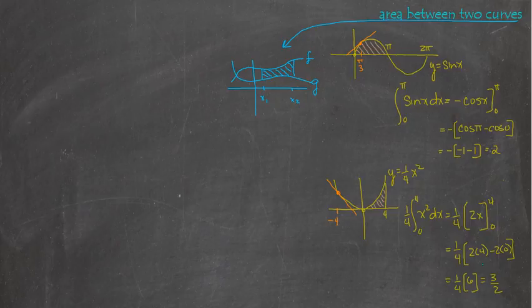Basically, if I know that the area between f and the x-axis is the antiderivative from x1 to x2 of whatever the function of x is, and I take away from that the part of the area that is the g, between g and the x-axis.